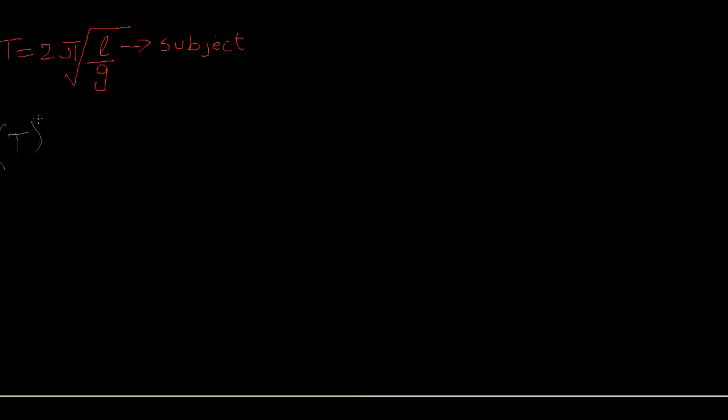T squared is equal to, in brackets, 2 pi square root of L upon G, squared. It becomes T squared equals 4 pi squared L upon G. Over here we get rid of the square root.